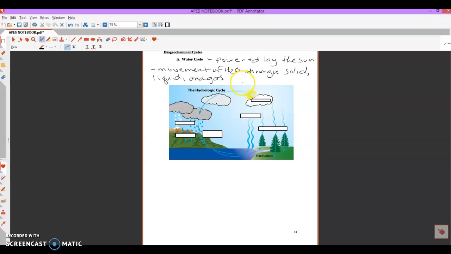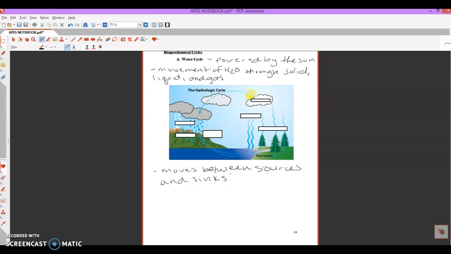And it does this between what we call sources and sinks. So it moves between sources and sinks. Now the term sink is a new word for you guys.